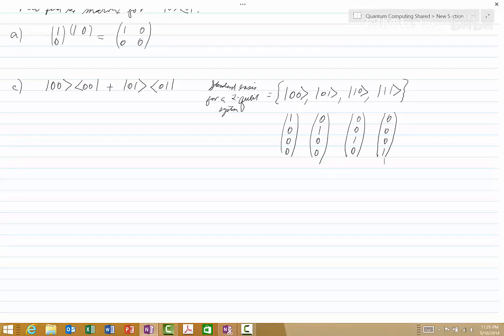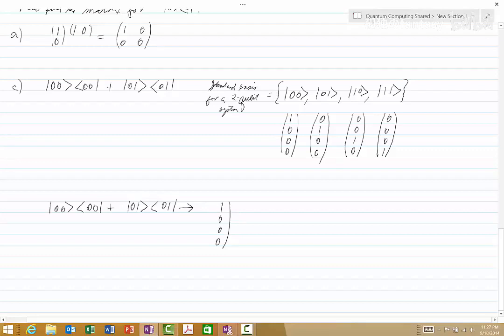Okay, so for this problem, the work is once again very simple. So |00⟩, remember, the |00⟩ ket is represented by (1, 0, 0, 0), that column vector.